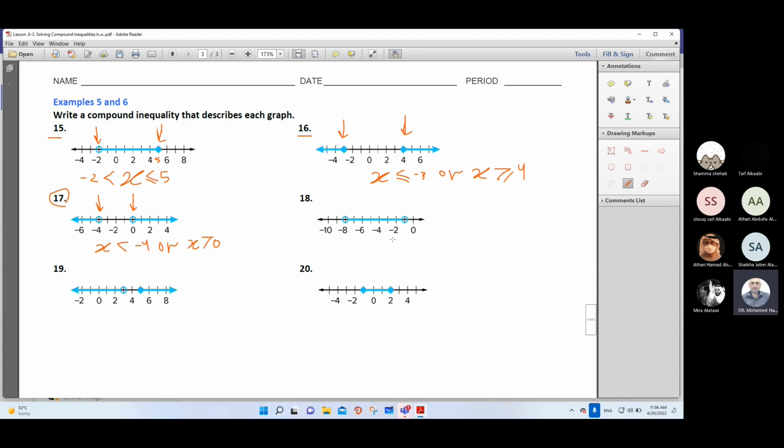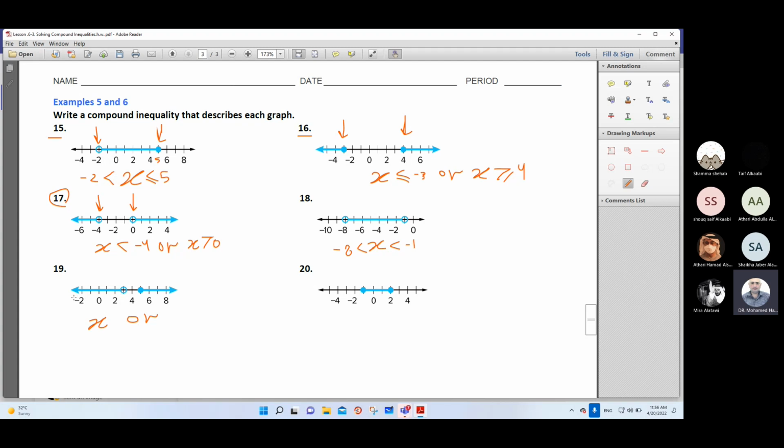Here number 18, the same idea. If you represent x, here we have and, so x is between two values, greater than -8 and less than -1. And here we have or. You can represent x.